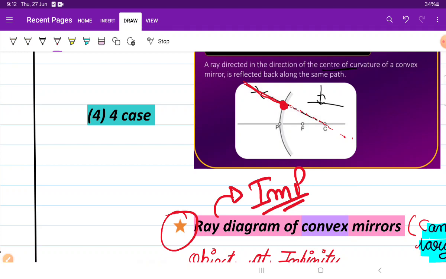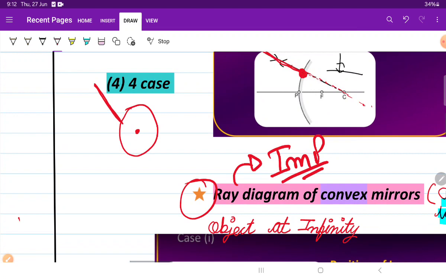And for an easy concept, you can take the example like this. This is the sphere, this is the center of curvature. If the light ray is falling on it, this is the light ray, this is perpendicular. This is an imaginary line, it is perpendicular to the surface.